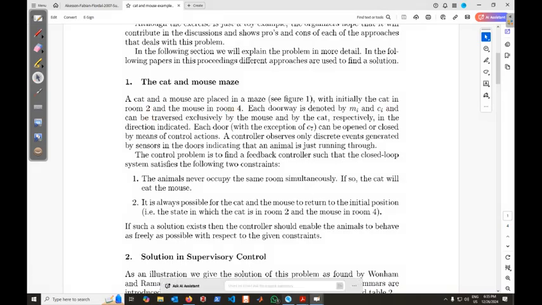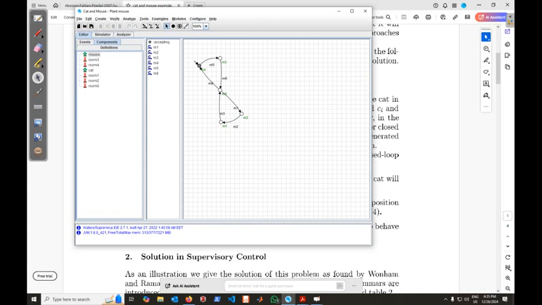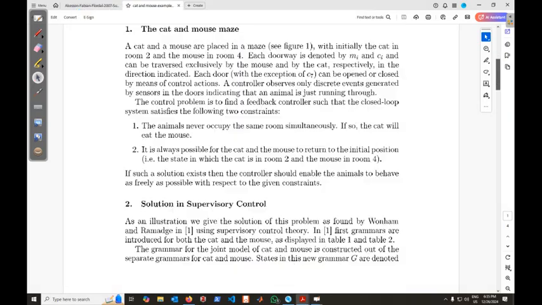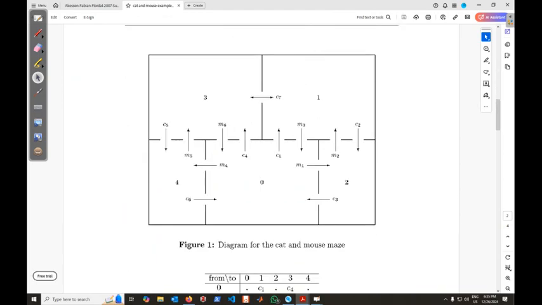We can see here that the mouse is initially at room number 4. And then what happens if, for instance, M5 occurs? If M5 occurs, he goes to room 3. By the way, he cannot traverse to room number 0 directly. So you can see here that this is written initially in M4.